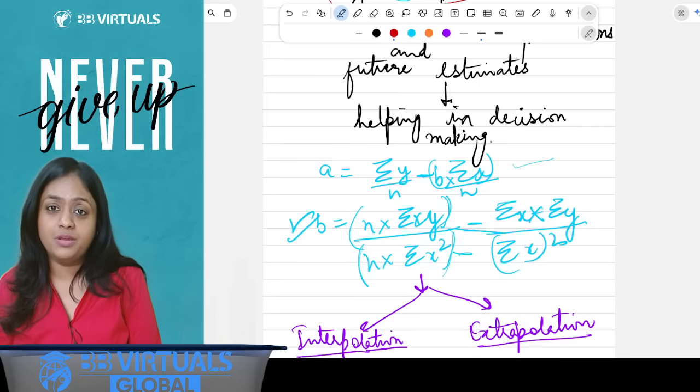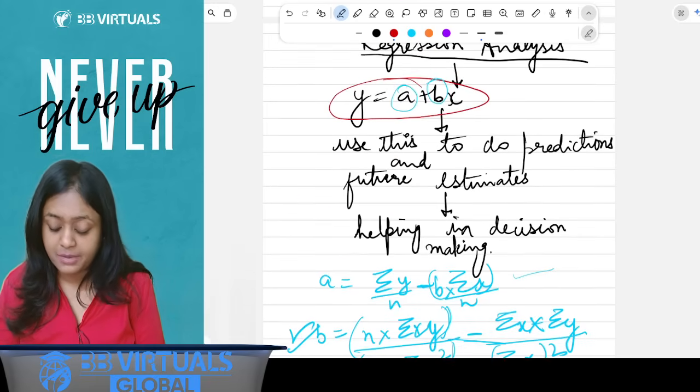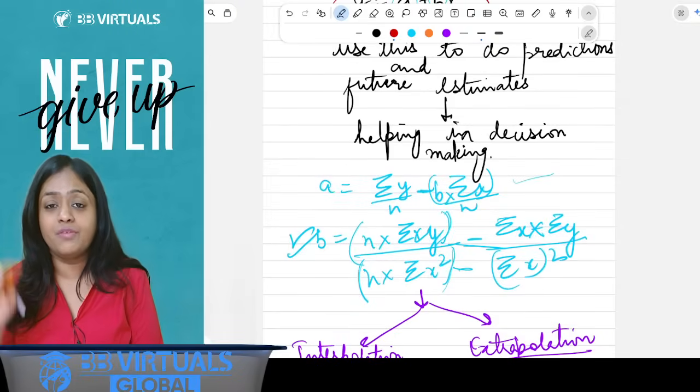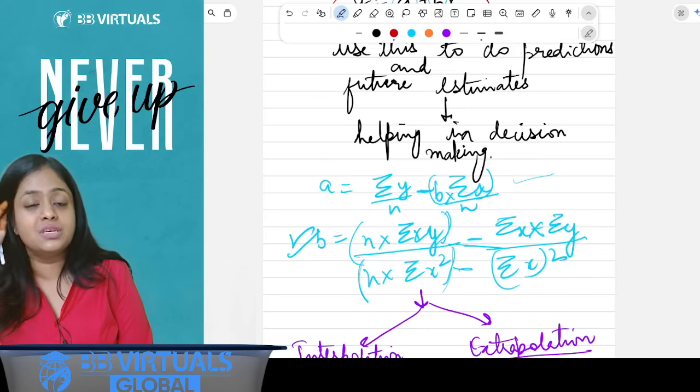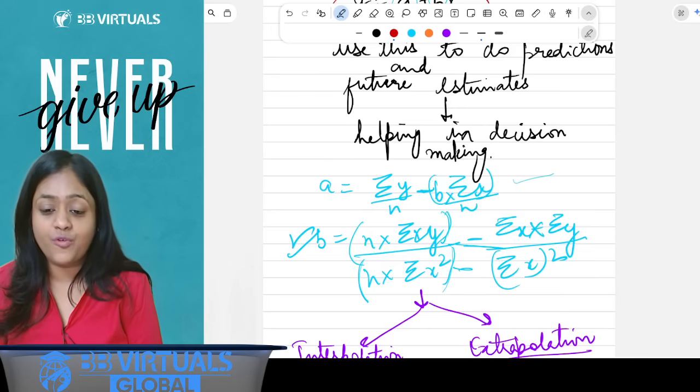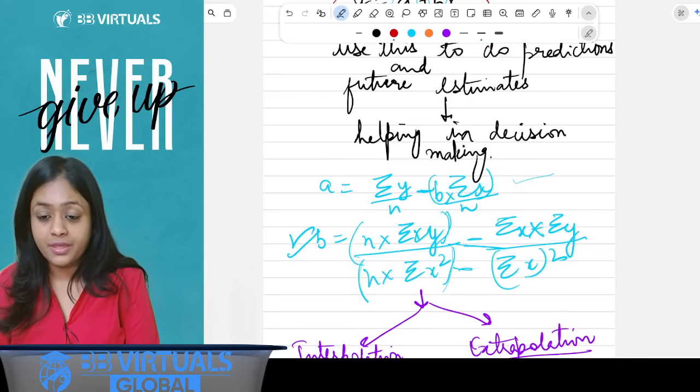Now, what are the formulas? In this equation a plus bx, I need to calculate a. When there are two variables x and y, a is sum of y by n less b multiplied by sum of x by n.